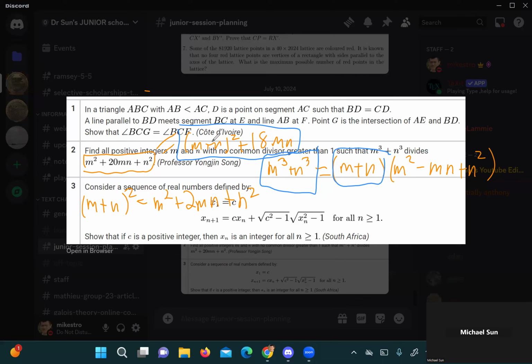So if the whole thing is a multiple of m plus n, and this is already a multiple of m plus n, then the 18mn must also be a multiple of m plus n. So we say m plus n divides 18mn. This is already pretty good, I think.